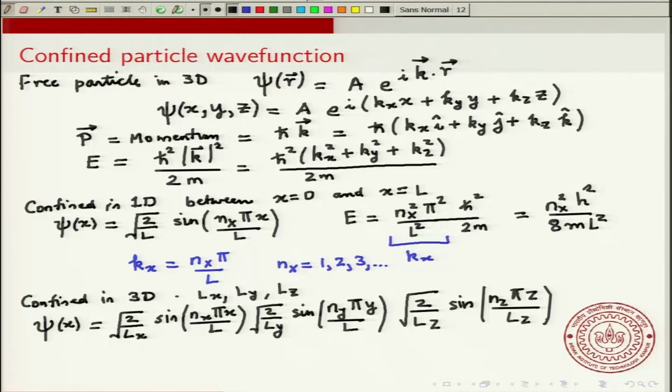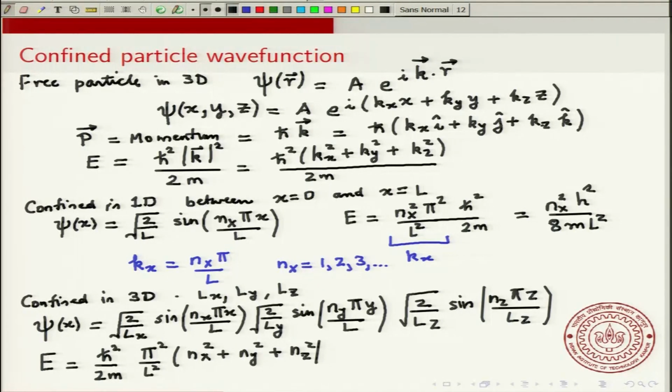Okay, so, that is the wave function, and the energy is given by h cross square by 2 m, and then you have pi square by L square times n x square plus n y square plus n z square.